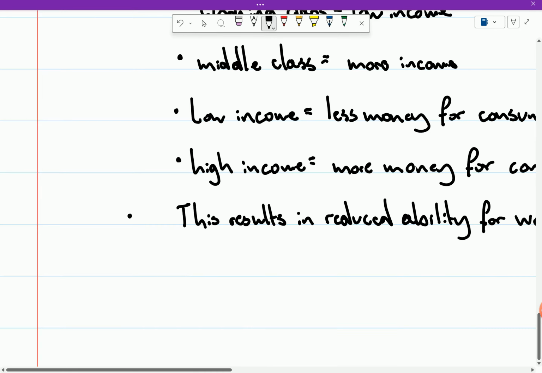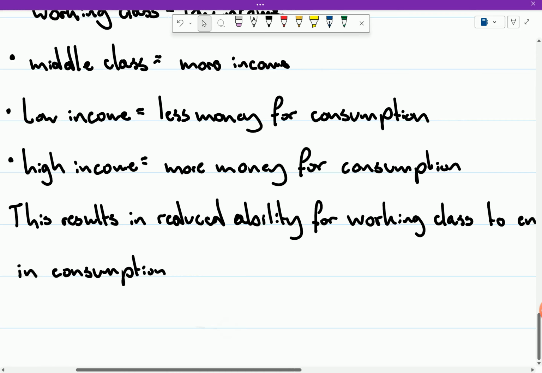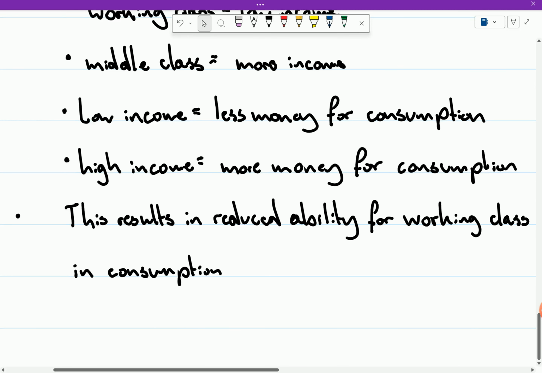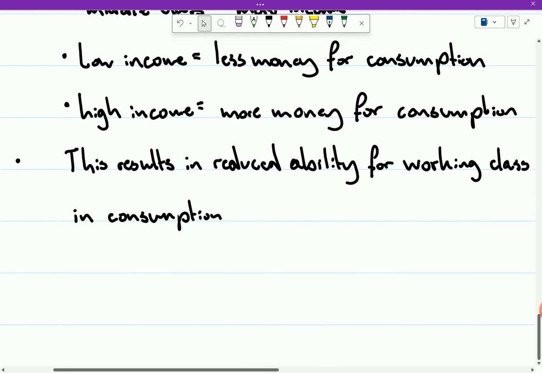Go down here. Excuse my very poor handwriting on this. So this results in reduced ability for working class to engage in consumption due to the low amount of income.